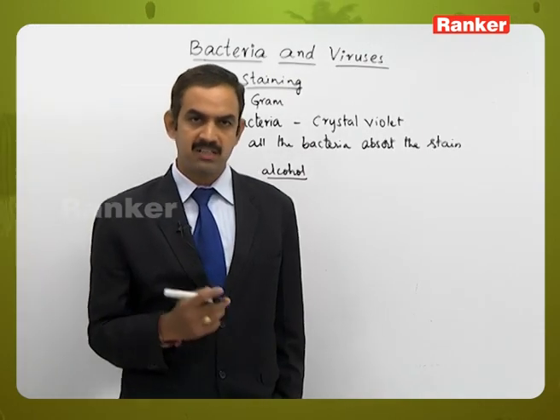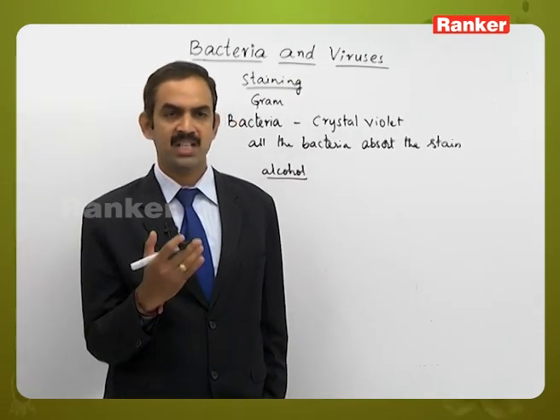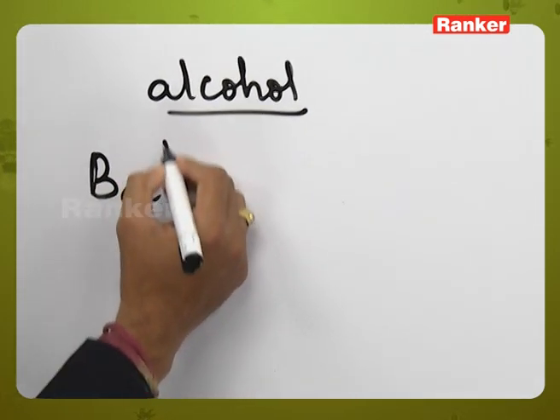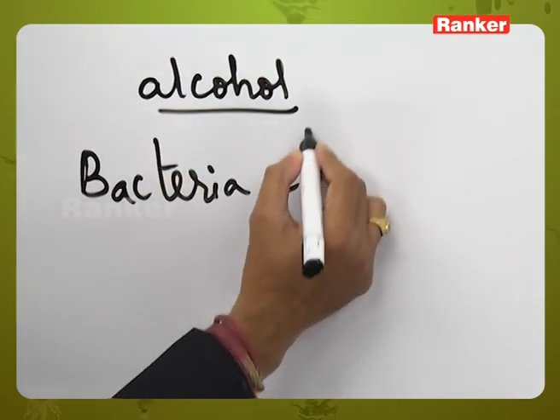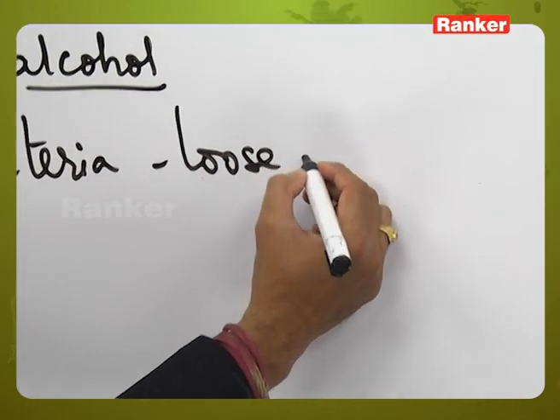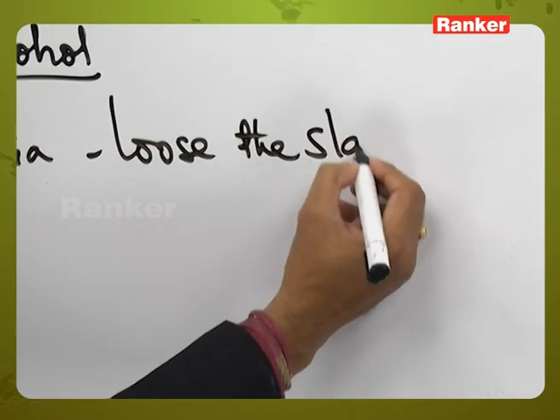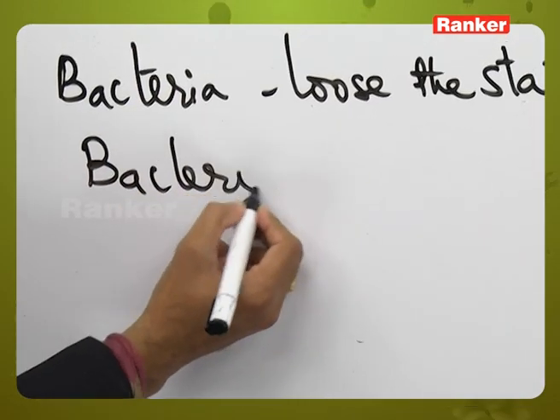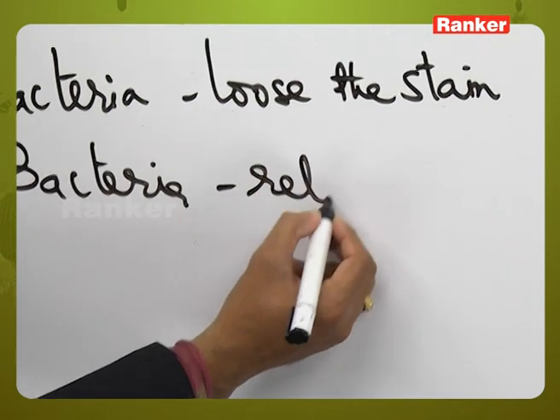So when it is treated with alcohol and acetone, gradually some of the bacteria will lose that stain. Some of them will lose the stain, and at the same time some of the bacteria will retain that stain.